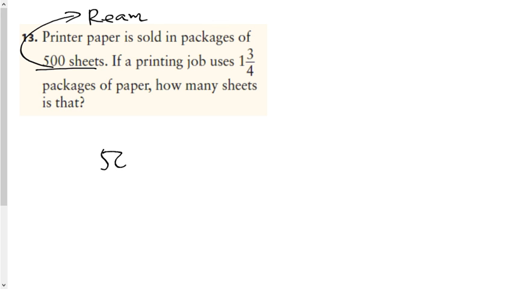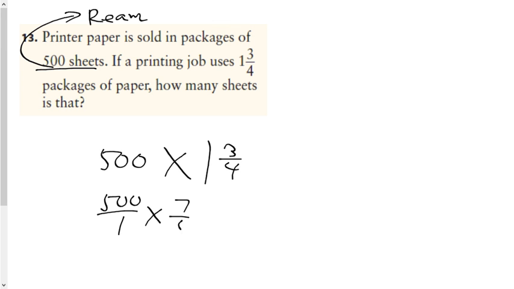So one package is 500. If I multiply that by 1, I would have 1 package of paper. 1 and 3/4 would be multiplying it like that: 500 sheets multiplied by 7/4. Cross reducing here is a little tricky, but if I divide 500 by 4, I get 125 over 1. If you didn't cross reduce, that's no problem.